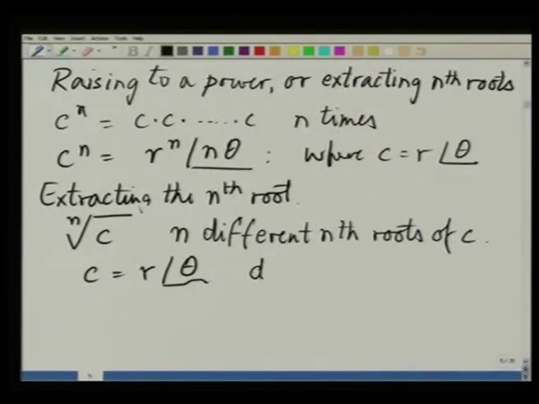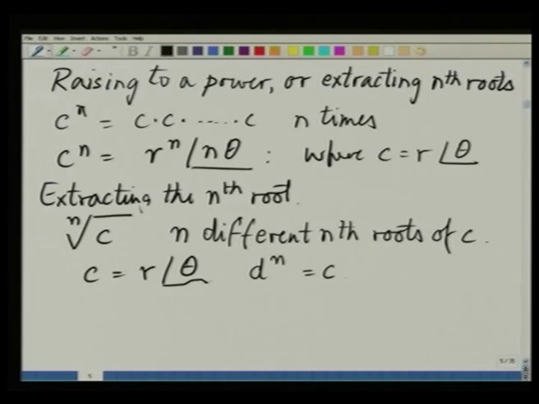Now, we want to find a number, let us call it d, such that d to the power n equals c. Since we have just seen how to raise a number to a power, we can immediately see that one of the nth roots is very easy to find.